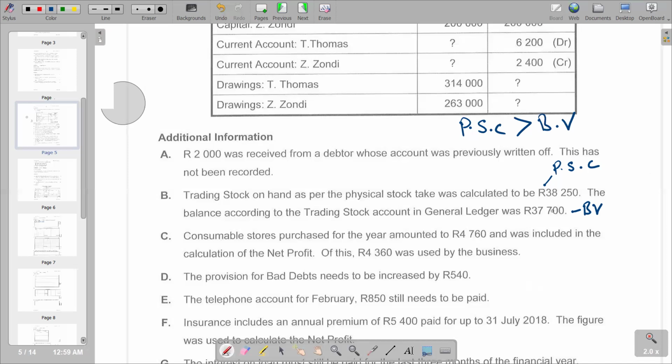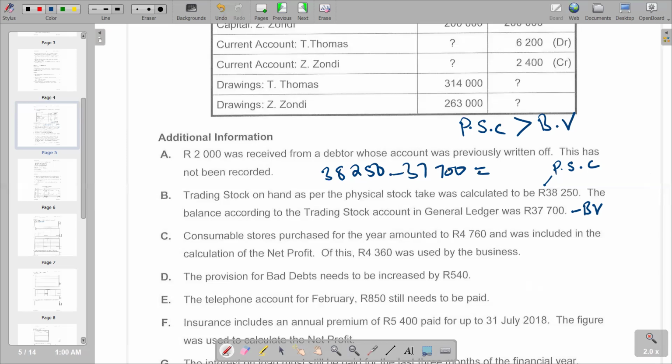So when you have such a scenario, it becomes a surplus. So how much is the surplus? We say 38,250 minus 37,700. Let's calculate that. 38,250, and then we subtract 37,700.